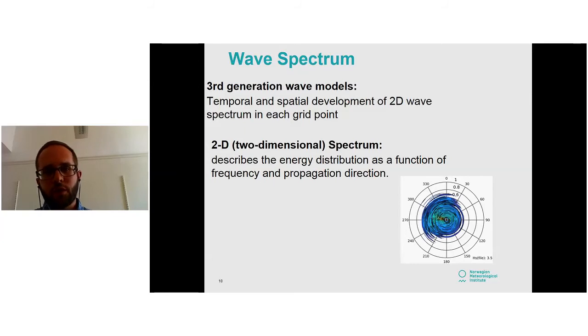The third generation wave models provide temporal and spatial development of the 2D wave spectrum in each grid point. And when I say 2D, I mean the two-dimensional spectrum that describes the energy distribution as a function of both frequency and propagation direction.